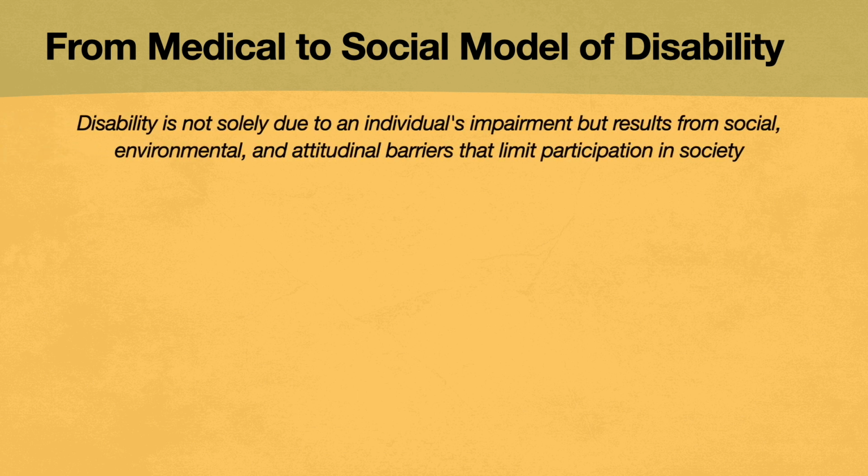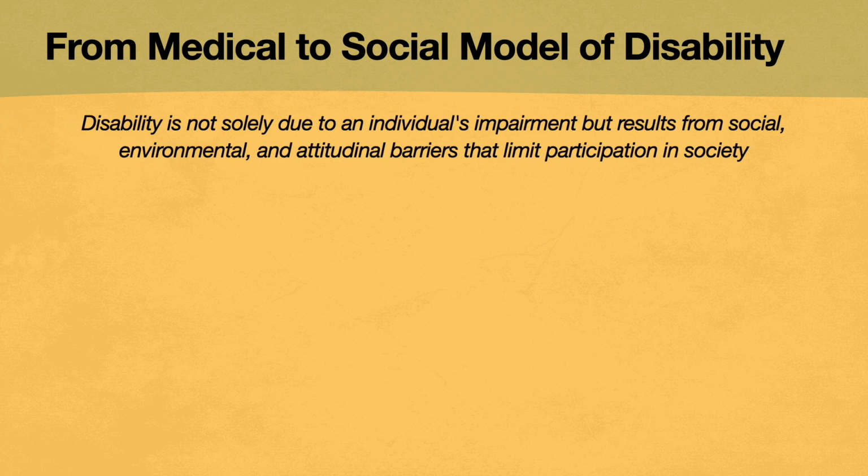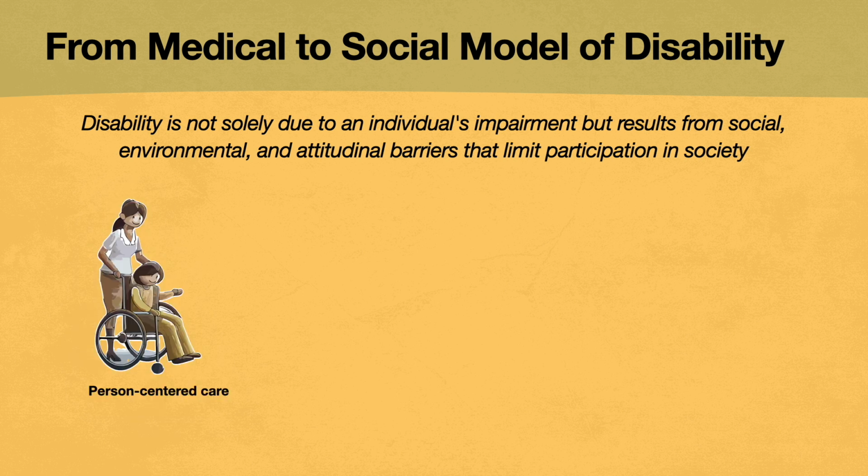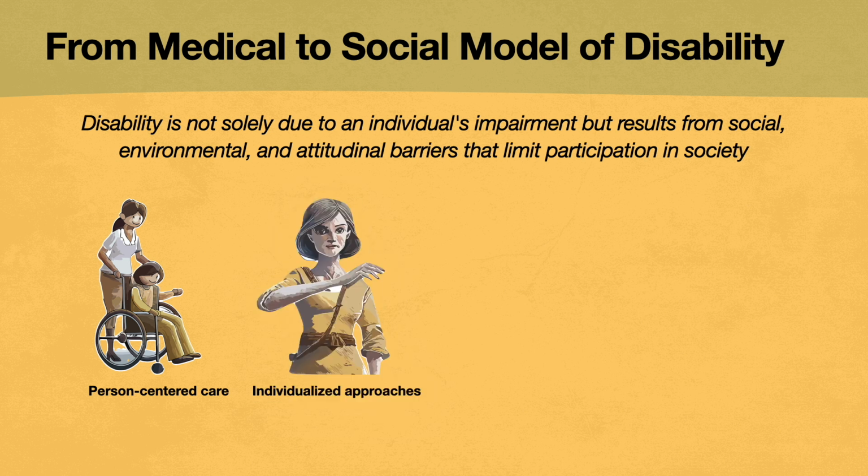Before diving into real-life examples, let's clarify the key aspects of the social model of disability. Person-centered care recognizes the needs and strengths of people with disabilities. Personalized approaches tailor support to fit each person's unique situation.